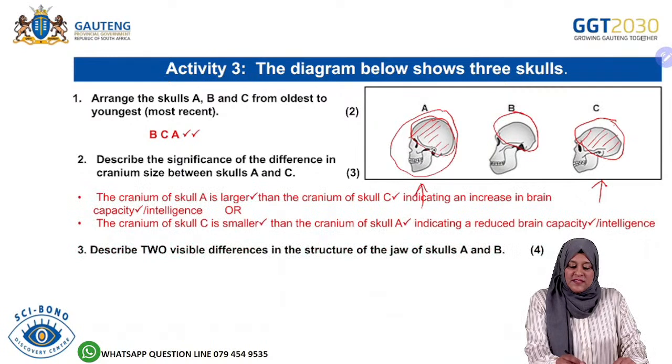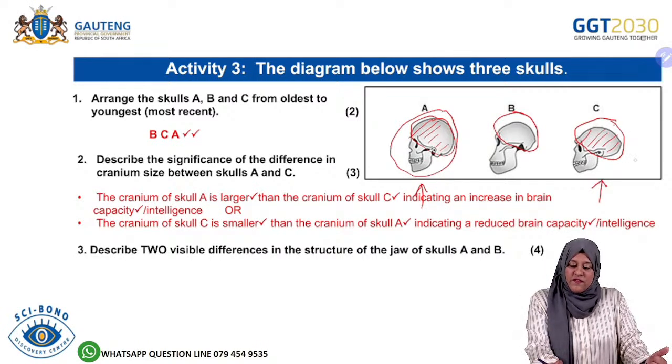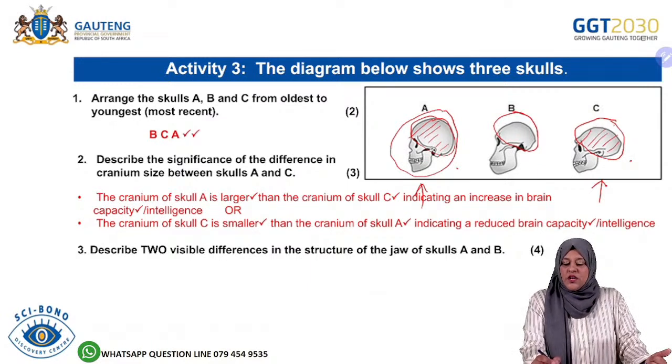The cranium of skull A is larger than the cranium of skull C, indicating an increase in brain capacity, brain size, therefore intelligence. Or you could say the cranium of skull C is smaller than that of skull A, indicating a reduced brain capacity or reduced intelligence.